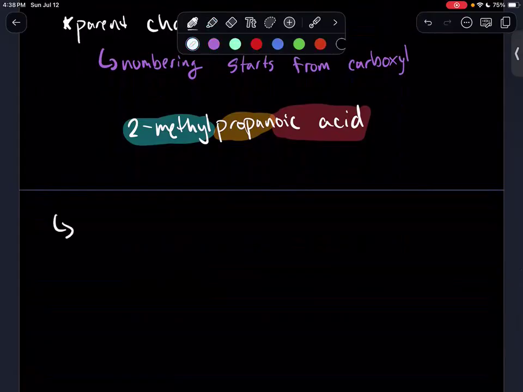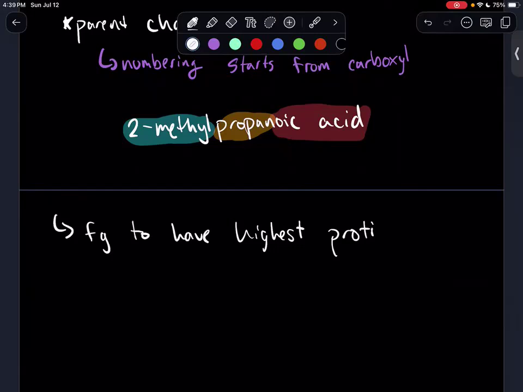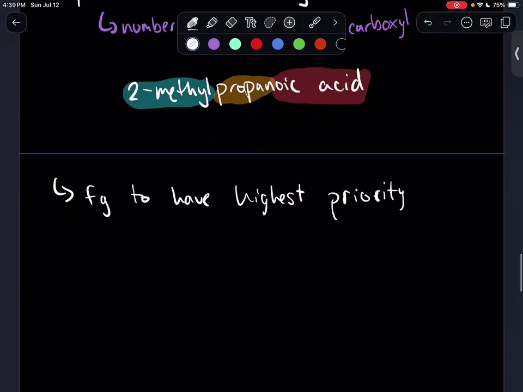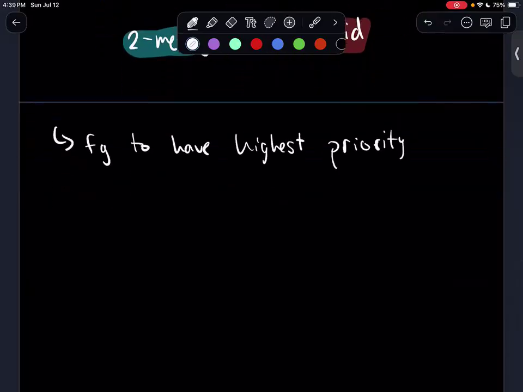The first thing we want to know is that we generally want the functional group to have highest priority. There's an exception to this, and I will go over it in a moment. But when our functional group has the highest priority, let's look at a new compound.